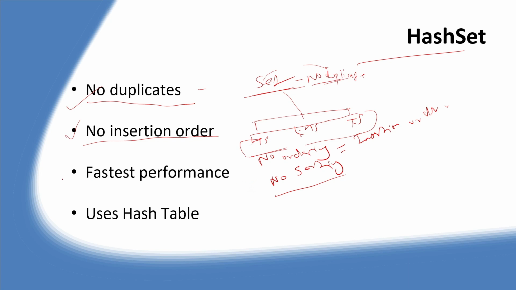It is faster in performance because it provides a hashing algorithm and uses a hash table. So HashSet is the most commonly used implementation. It does not maintain insertion order and neither does it provide sorting, but it provides very fast insertion, deletion and searching.